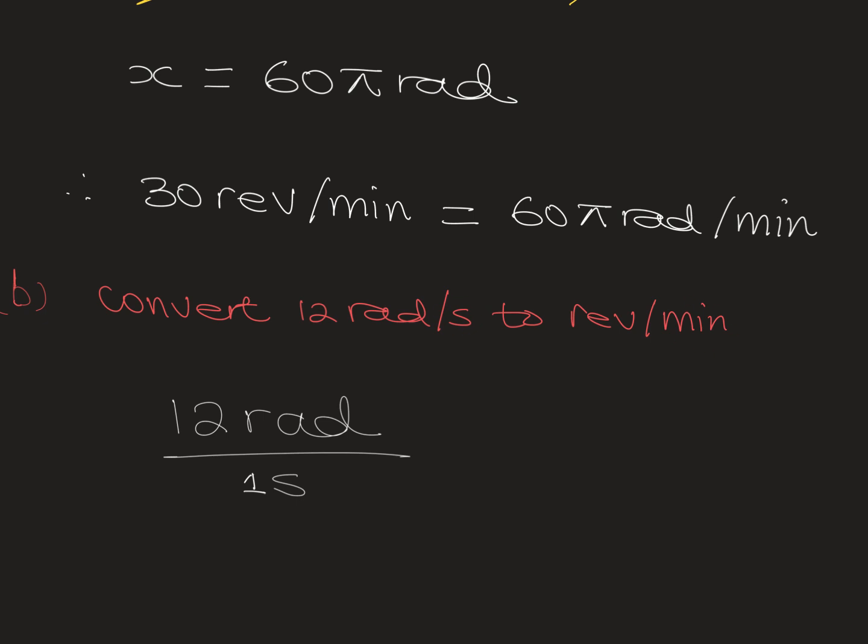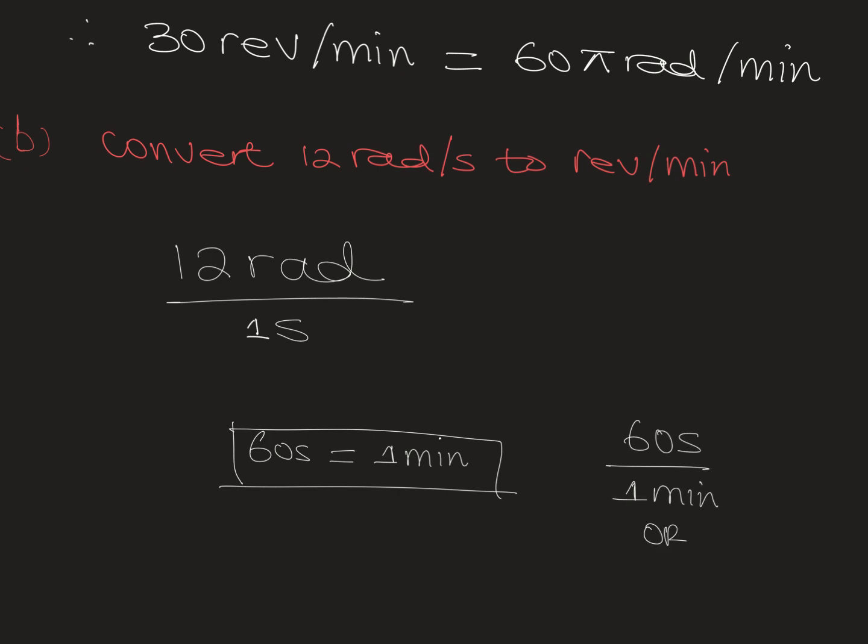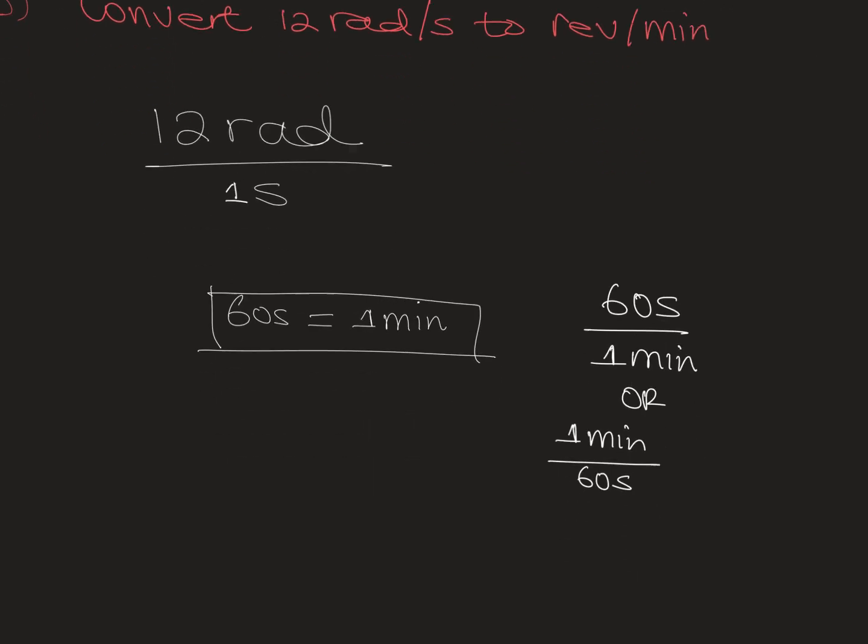So how do we first convert the time to minutes? Remember that 60 seconds is equal to 1 minute. Okay, so we need to use this and express it in fraction so that we can multiply it with this. Now the question is, if we are to express it in fraction, is it going to be 60 seconds divided by 1 minute or 1 minute divided by 60 seconds?